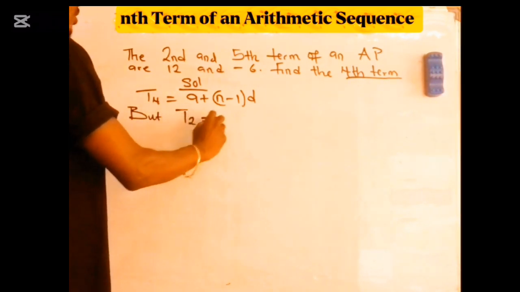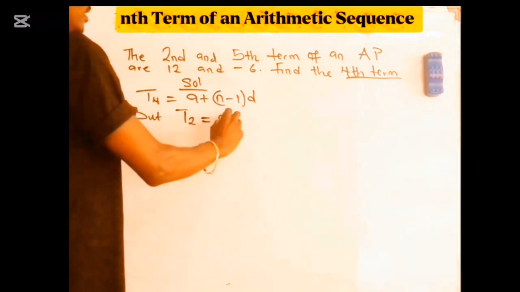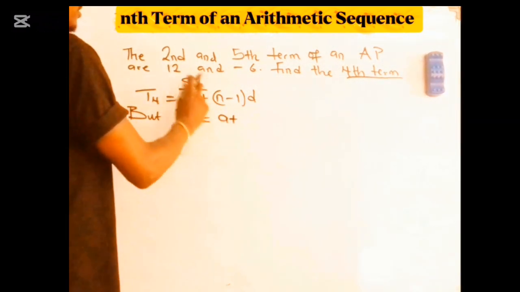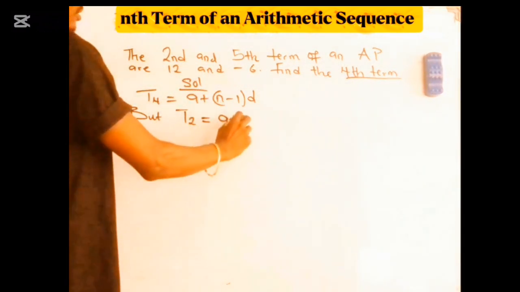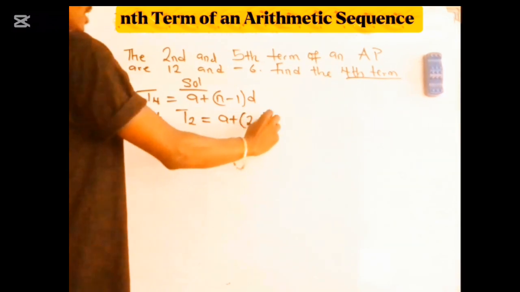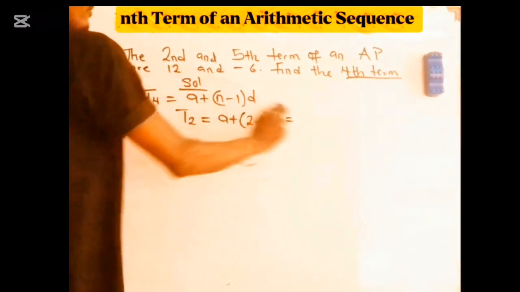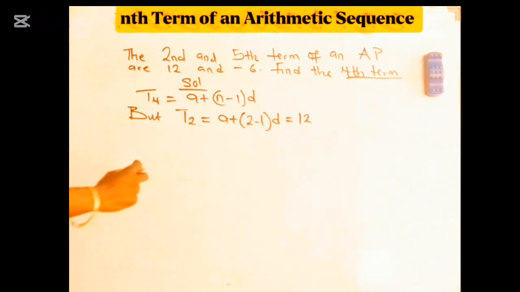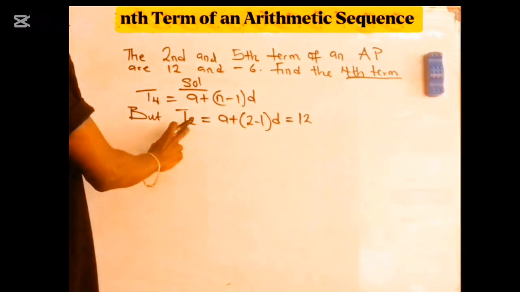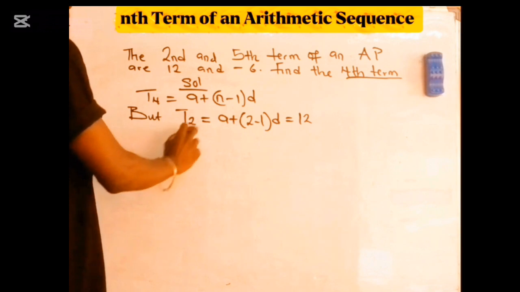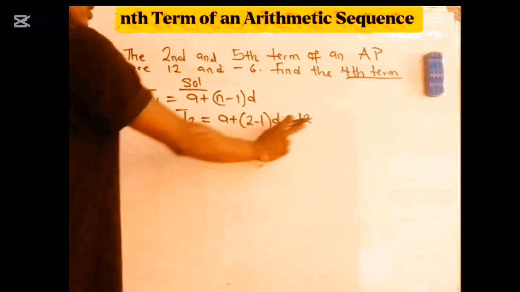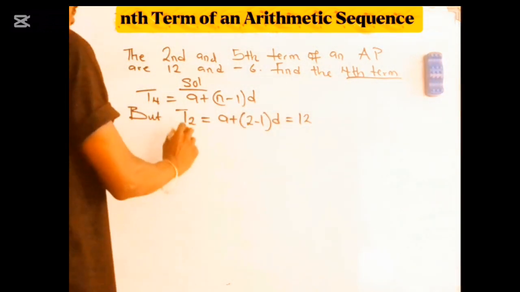T2 is equal to A plus (2 minus 1) D, which is equal to 12. This is for the second term, which means since T2 is equal to 12, let 12 replace T2.